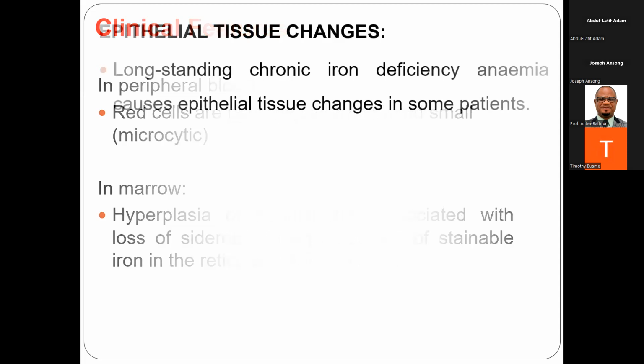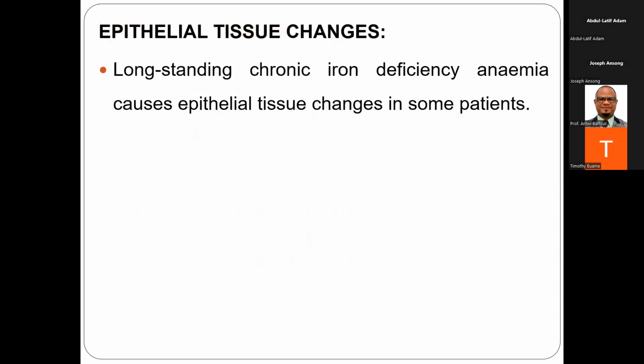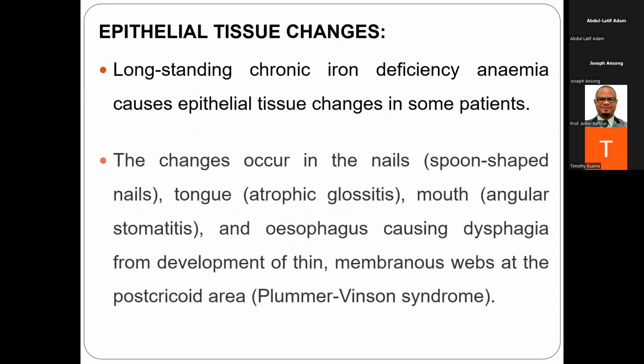Long-standing chronic iron deficiency causes peculiar tissue changes in some patients. If the changes occur in the nails, you have small, atrophied nails. The tongue becomes atrophied.